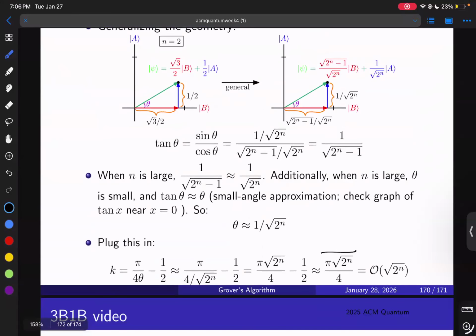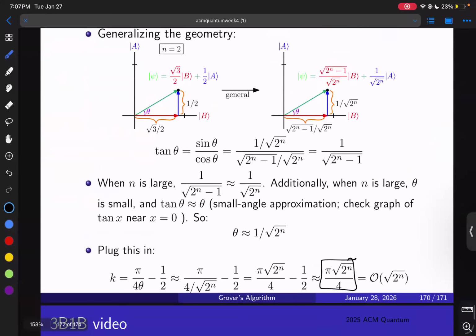So k is approximately this, and this is the exact result that I said at the beginning, that it's on the order of root 2 to the n calls, as opposed to 2 to the n, which is the classical solution. Remember, k is the number of Grover iterates that we apply. For each Grover iterate, we call the function once. So we get O of root 2 to the n.